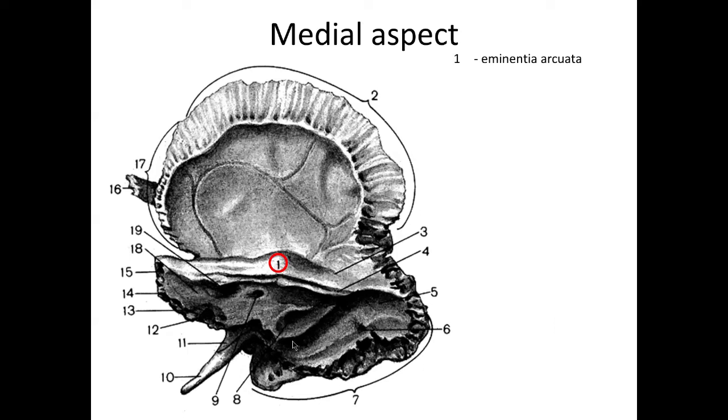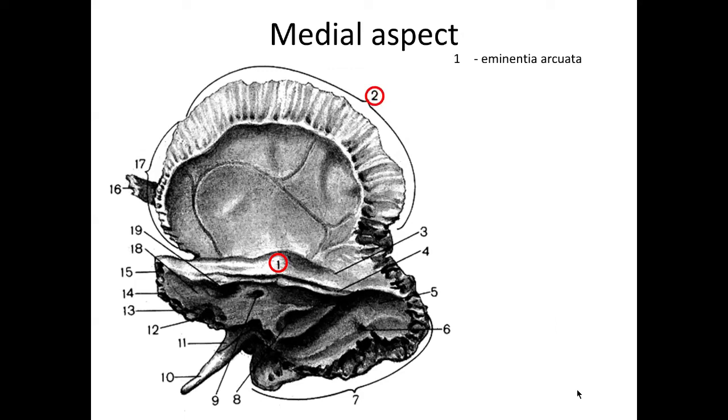So there are 3 surfaces or walls of the pyramids of the temporal bone: anterior, posterior, and inferior wall or surface. And now number 1 is eminentia arcuata, which is located on the anterior wall.